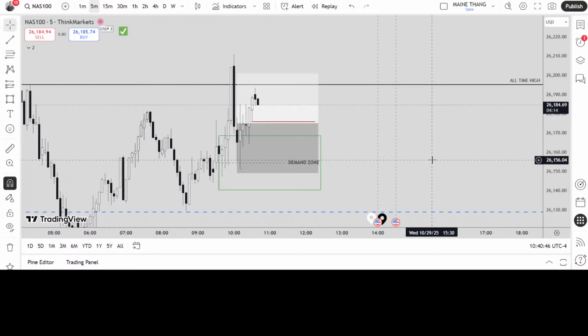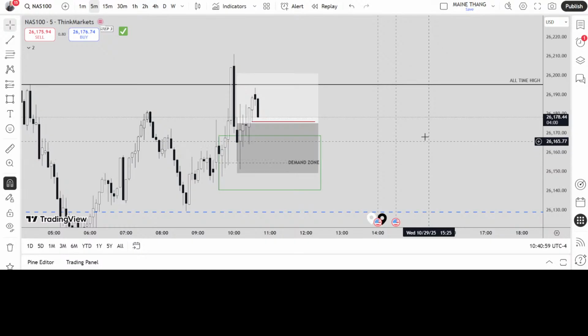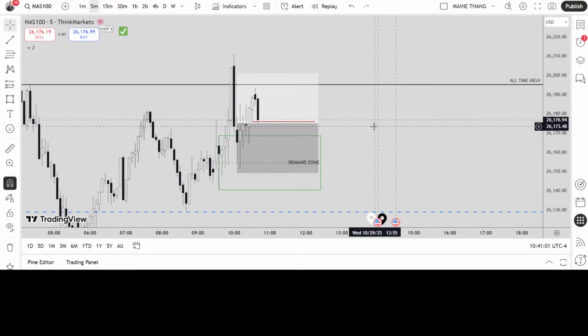New candle. All right. Hit the break even.